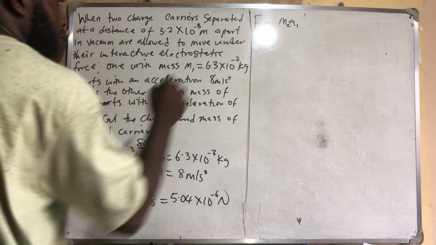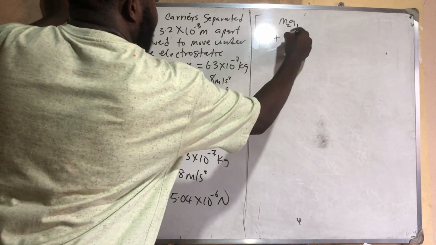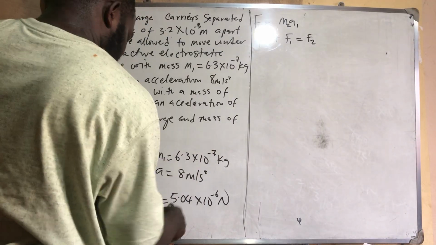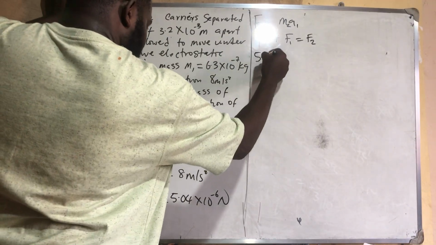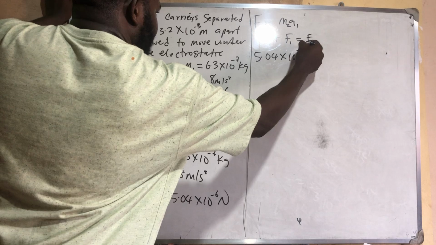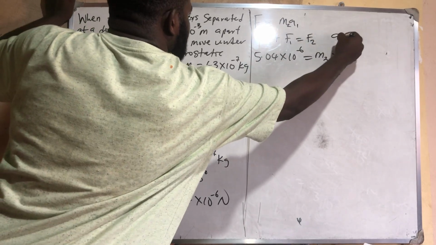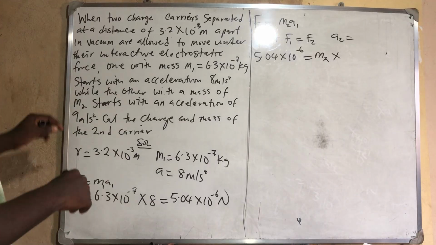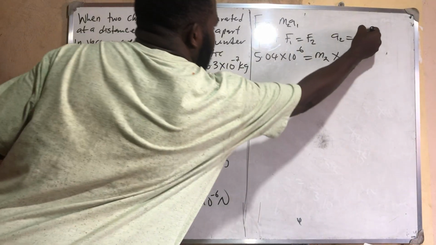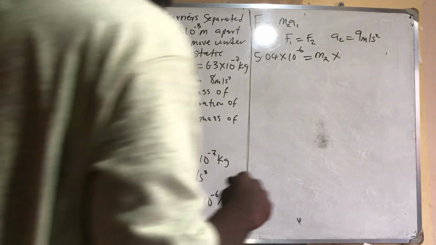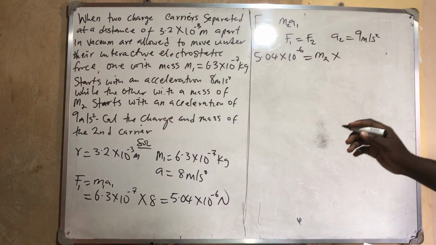But you need to know that F1 must be equal to F2. So if I now put it, 5.04 times 10 raised to power minus 6 is equal to m2, which I'm looking for, times a2, which they gave us as 9 meter per second square.